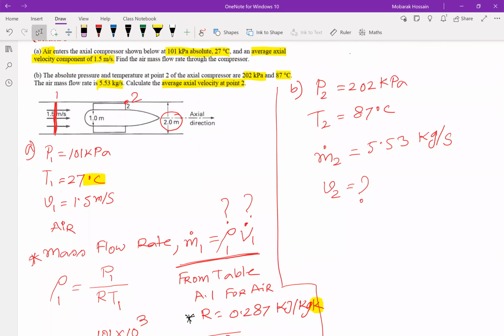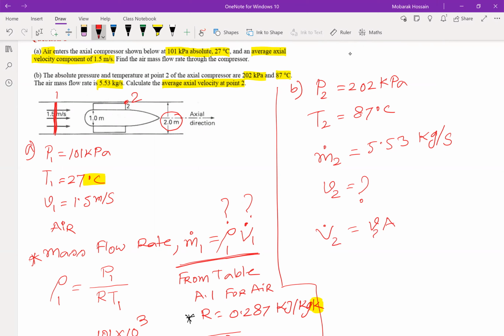Now your pressure for location 2 is given, temperature given, and mass flow rate also given, but for volume flow rate, we need to find out the velocity. Now we know the formula for volume flow rate is related to velocity and area. So now we are looking for point 2.